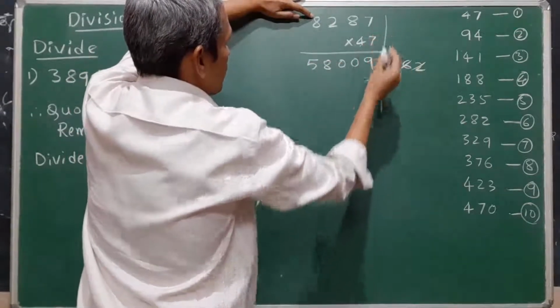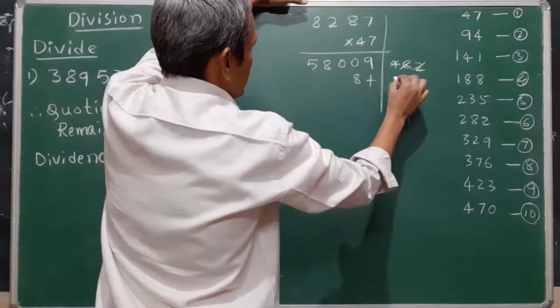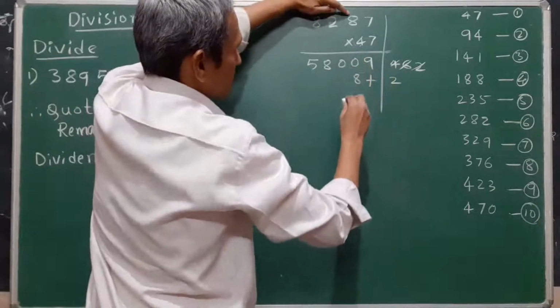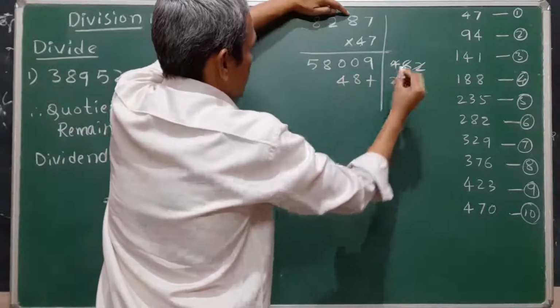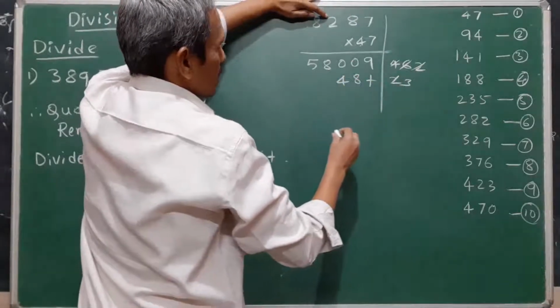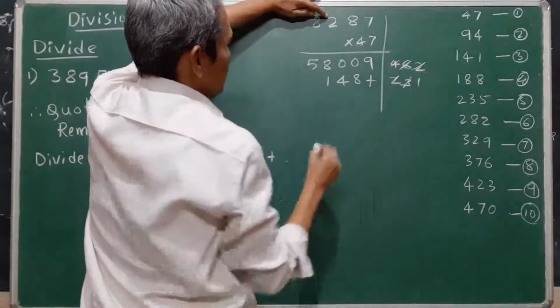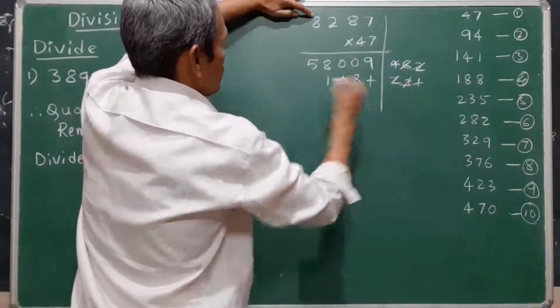Now we will multiply by 4. 4 7s are 28. 2 carry. 4 8s are 32 plus 2 is 34. 3 carry. 4 2s are 8 plus 3 is 11. 1 carry. 4 8s are 32 plus 1 is 33.